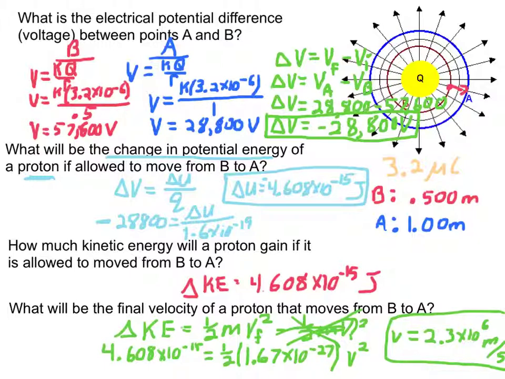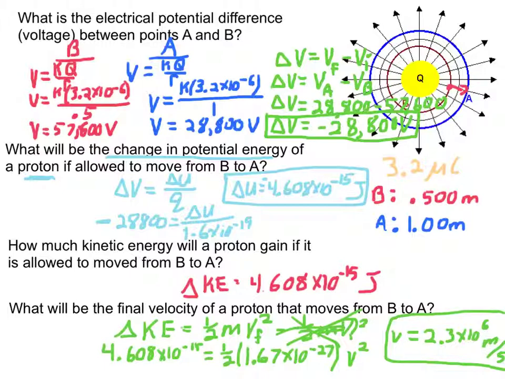So whenever I go through the simple algebra, plugging all this through, divide over by half, divide over by mass of protons, square root, then in the end, I come out with a velocity of about 2,300,000 meters per second, and here it is in scientific notation. Now, with that in mind, this proton really ends up moving quite quickly at the very end. In fact, we could talk about it in terms of percentage of speed of light, but I'll save that for class there.